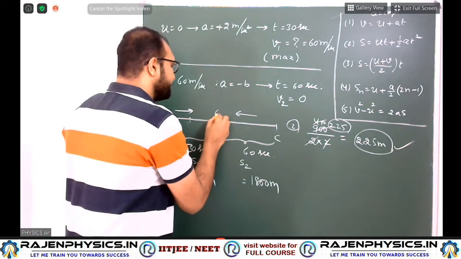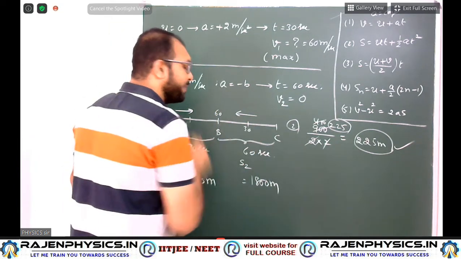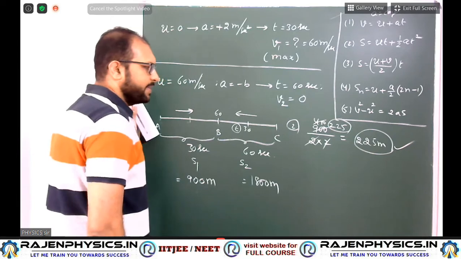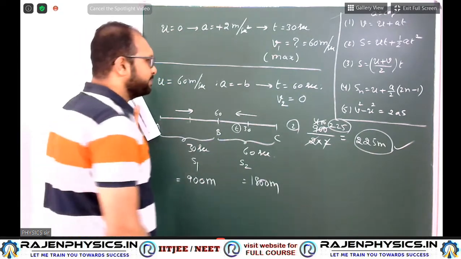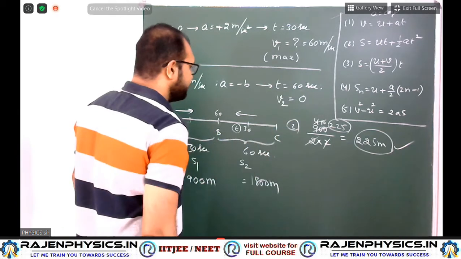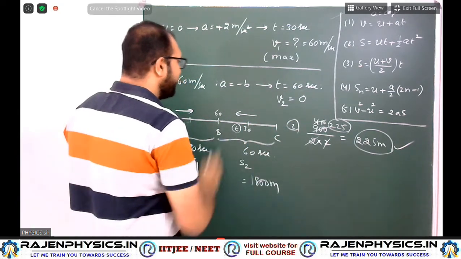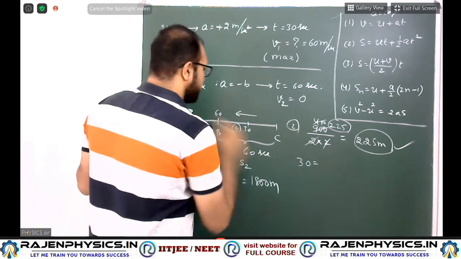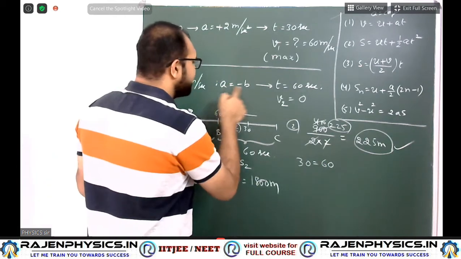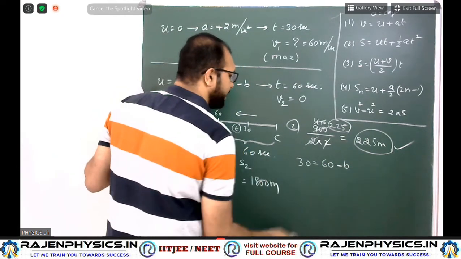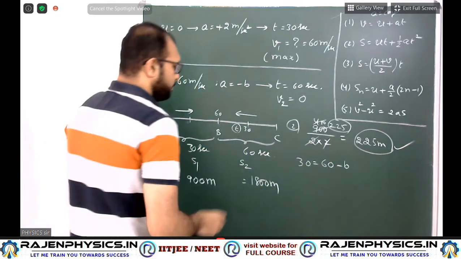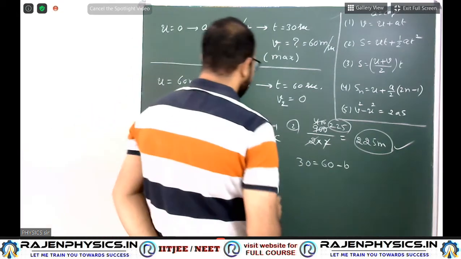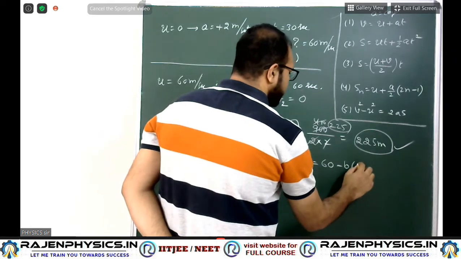It is 60, and somewhere here 30, because we need half. First I calculate the time here to here, then later the location. v equal to u plus at, a we will calculate: 30 equal to 60 minus b into t.